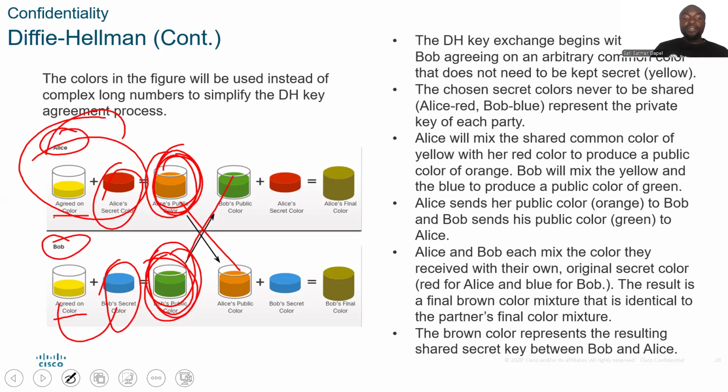So if you do the mixture, at the end of the day, you will get the same result. Because all you need to do is take out the agreed color, and you'll know what is left there. Okay?